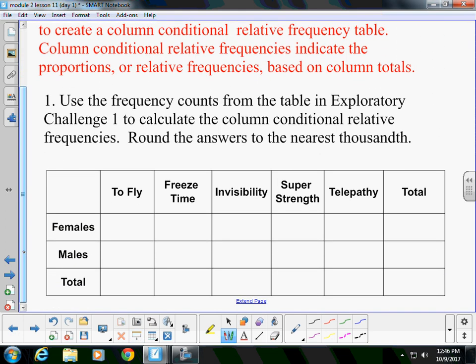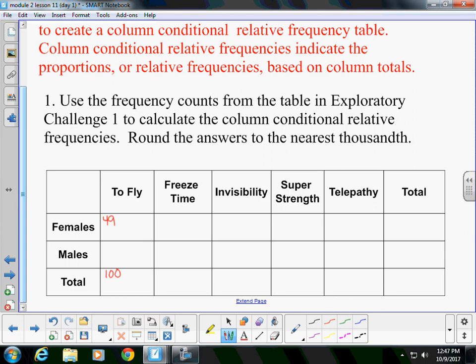So we're going to use the frequency counts from the table in Exploratory Challenge 1, using that same table again. But this time, we're going to work with the columns. For example, for fly, females were 49, and altogether the total for flying was 100.